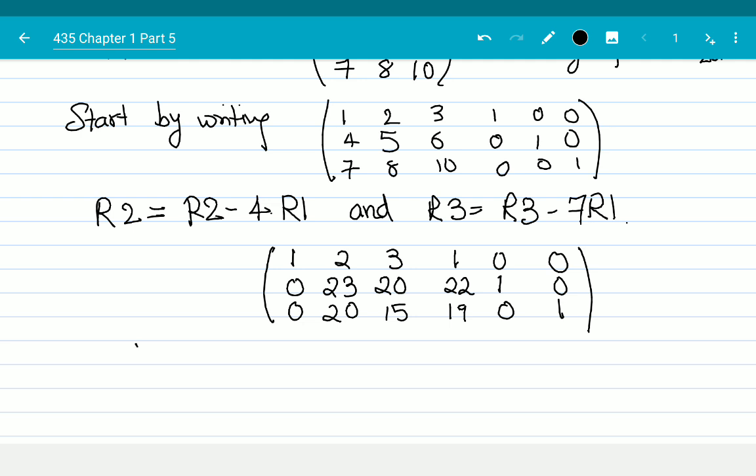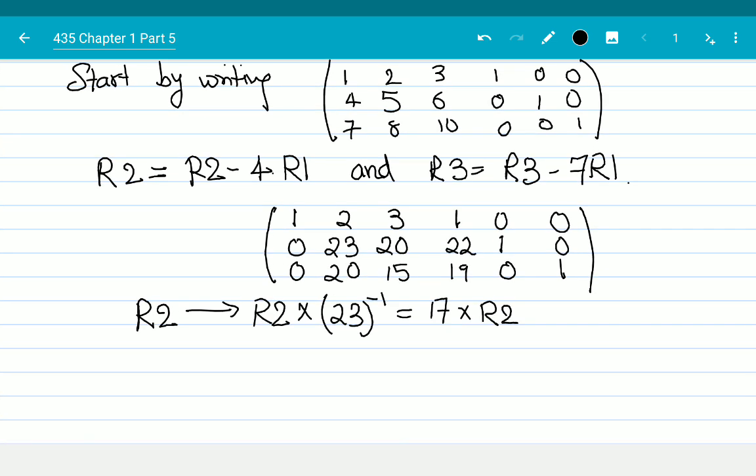I would like to get rid of it. Multiply everything: R2 goes to R2 times 23 inverse, which is equal to 17 times R2.